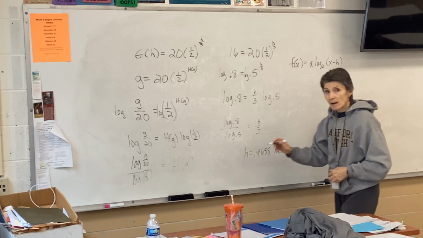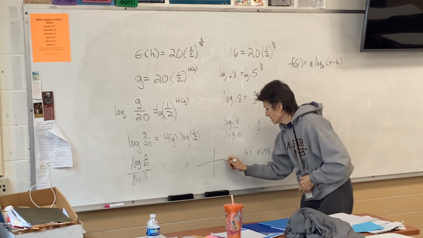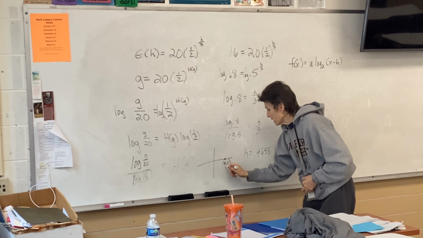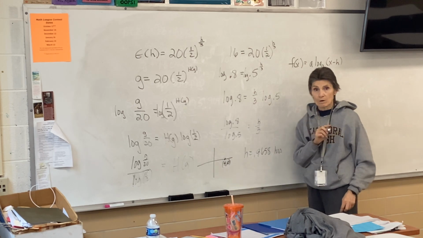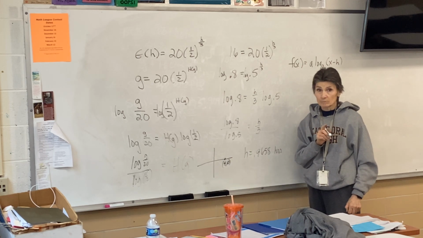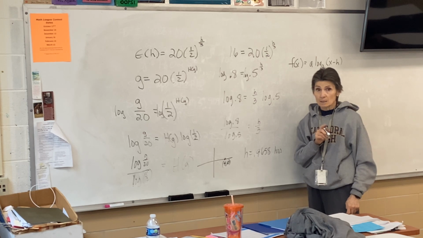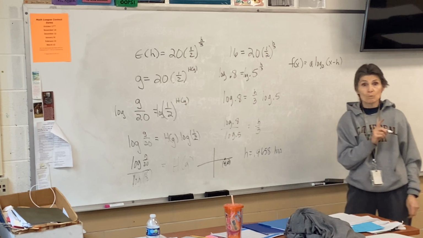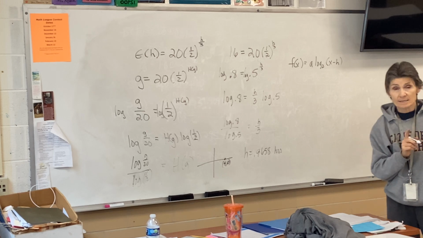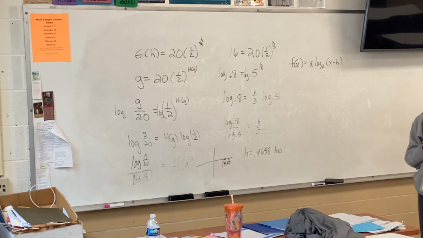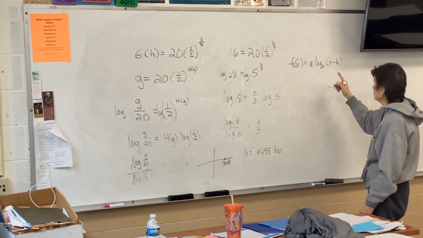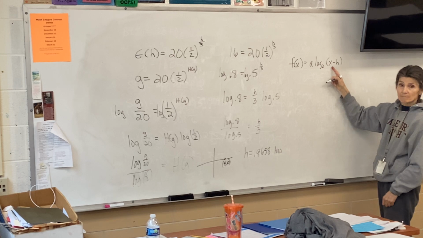Keep in mind what that means, you guys: if the x-intercept is 4, that means if you plug in 4, you get 0. Now, in a logarithmic situation, how do you get 0? The log of what is 0? Well, the log of 1 is 0.